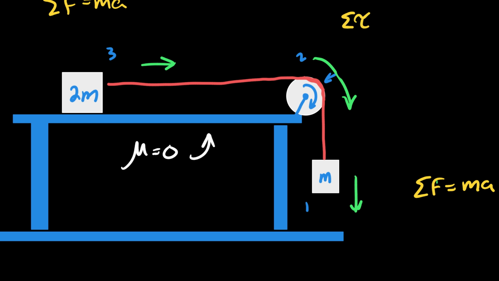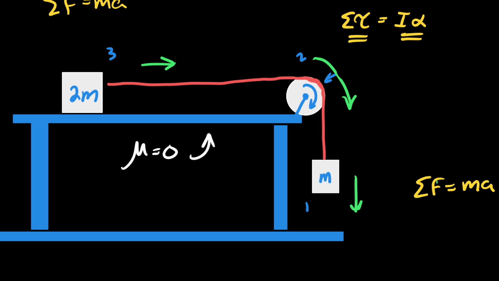Net torque equals I alpha. First semester, all of our pulleys had no inertia. They were massless, so they had no inertia. But our pulleys have inertia now. That means that it takes an unbalanced torque to cause the pulley to accelerate.